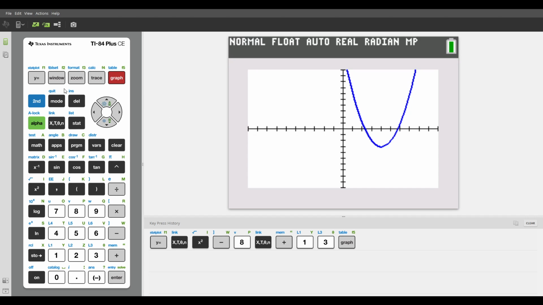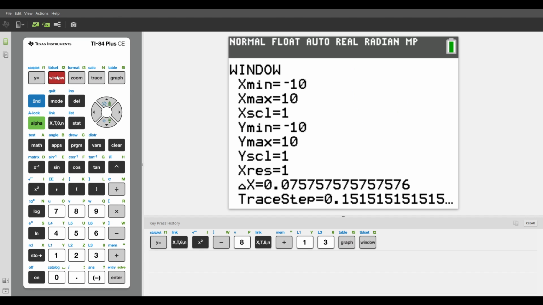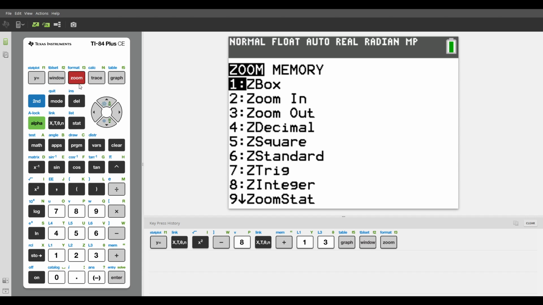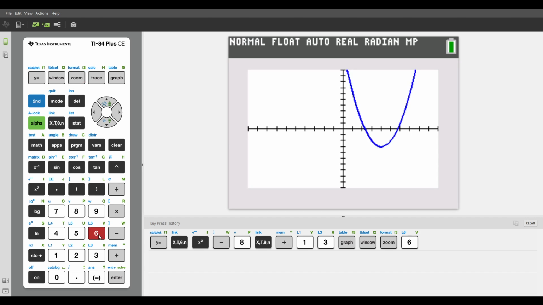You can do it manually in the window, which is the button right next to y equals, and change the x minimum, maximum, the scale, and then the same thing for the y's. Or you can hit the zoom button, which is the middle button at the top, and hit the number 6 for zoom standard, and that'll reset your window to the standard window from negative 10 to 10 for both the x and the y's.